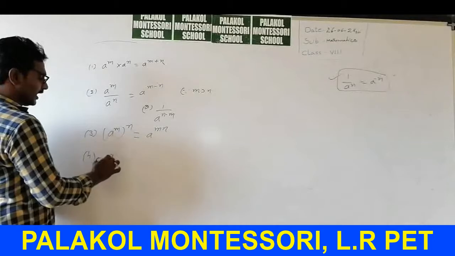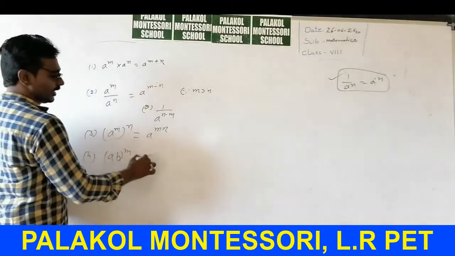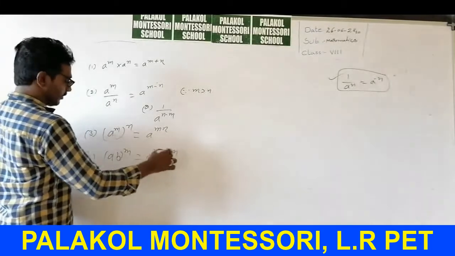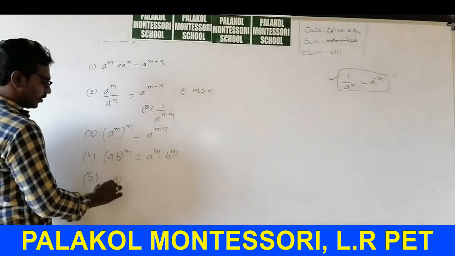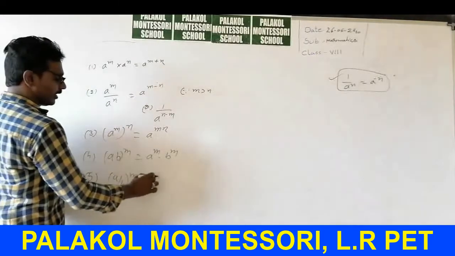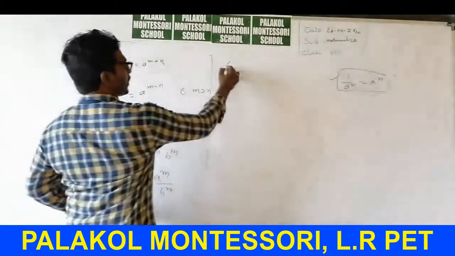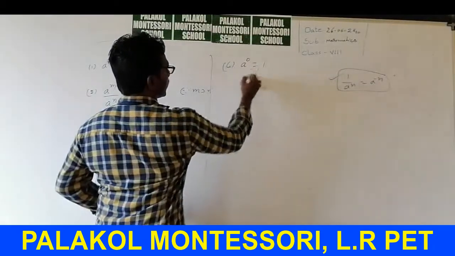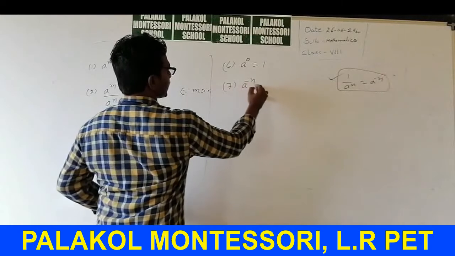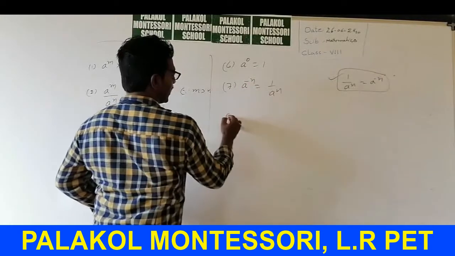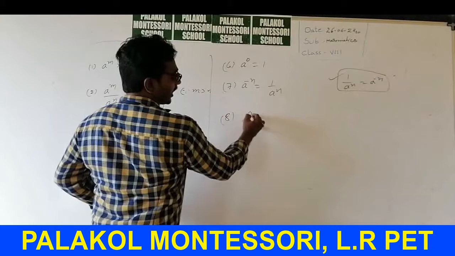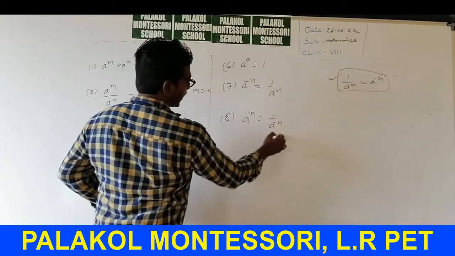The fourth one, ab whole power of m is equal to a power of m into b power of m. Fifth one, a by b whole power of m is equal to a power of m by b power of m. Sixth one, a power of 0 is equal to 1. The seventh one, a power of minus n is equal to 1 by a power of n. Eighth one, a power of n is equal to 1 by a power of minus n.